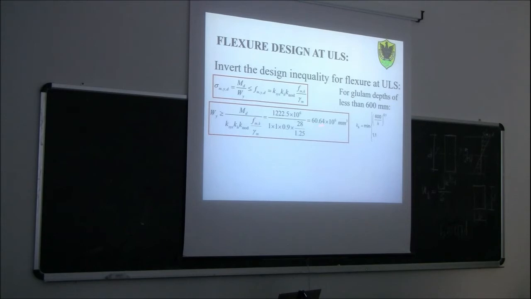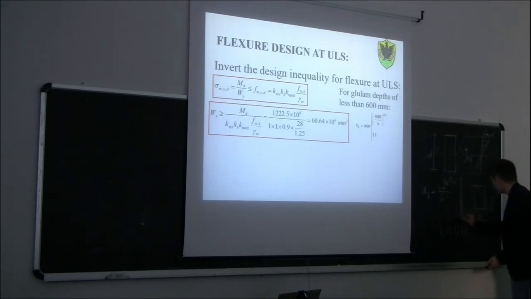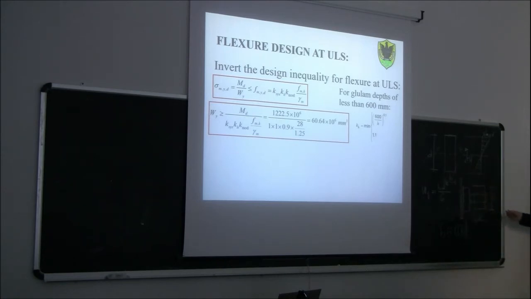And then in the end, you see, this is the minimum value of the section modulus of the cross section that we need to have in order to satisfy the ultimate limit state. Of course, we can achieve the same result using different shapes of cross section. It could be very narrow, can be bigger, and so on. We have infinite possibilities. We need to fix a variable, for example, the breadth.